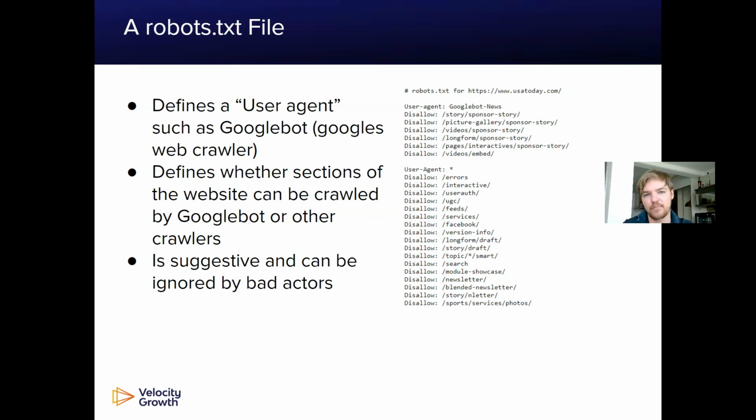The other thing, the main important thing that robots.txt is going to do is tell Google, or any crawler really, but Google being the most common one, what sections of your site it can and can't look at, essentially. So these are like directives. Google can particularly ignore that. Pretty much all crawlers can decide to ignore this.